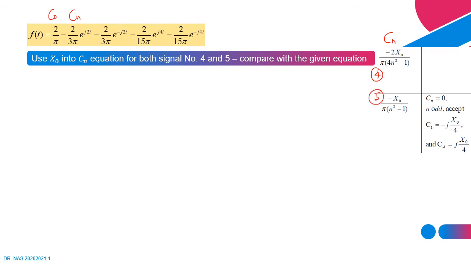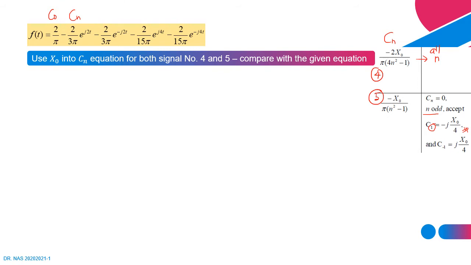Don't forget to look at the comments or remarks as well. This equation is valid for all n values, but for signal number 5, Cn will be zero for n odd except C1. If n equals 1, C1 equals this equation.